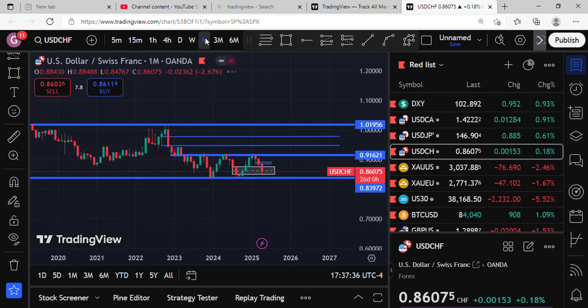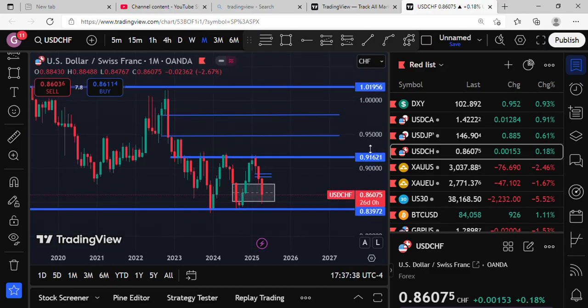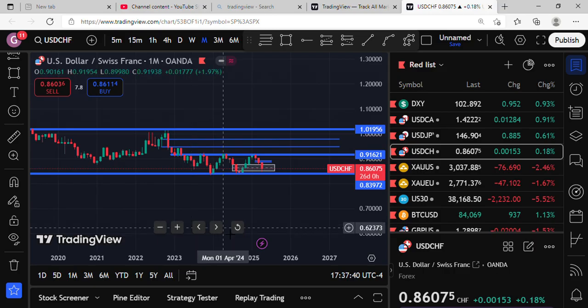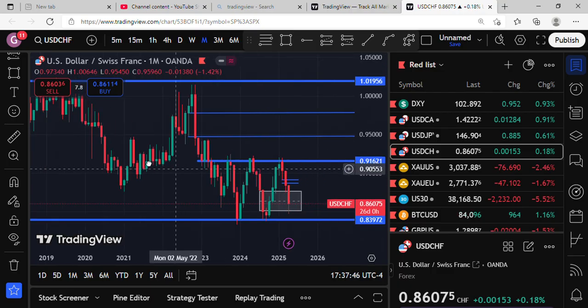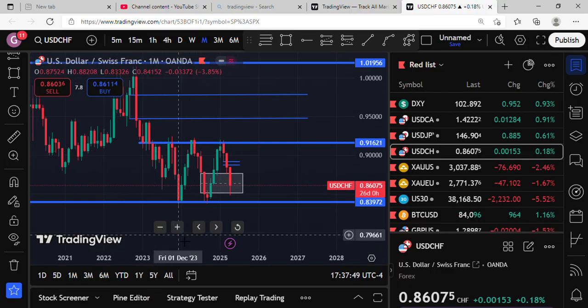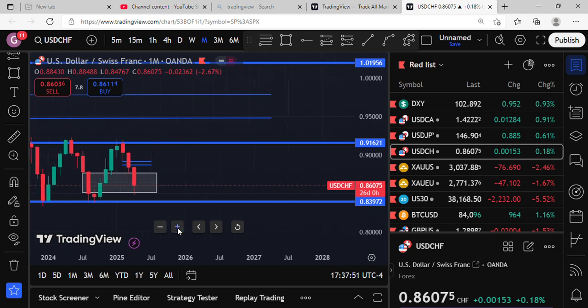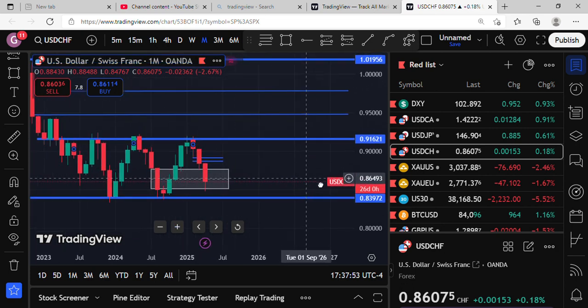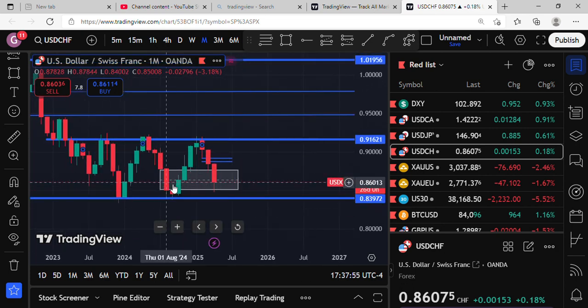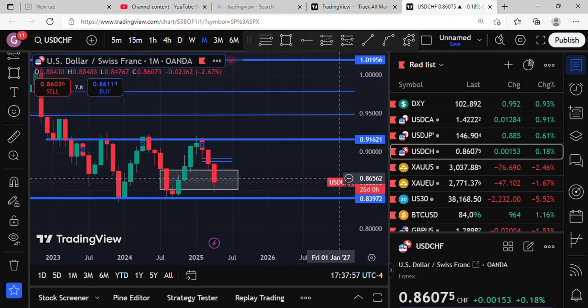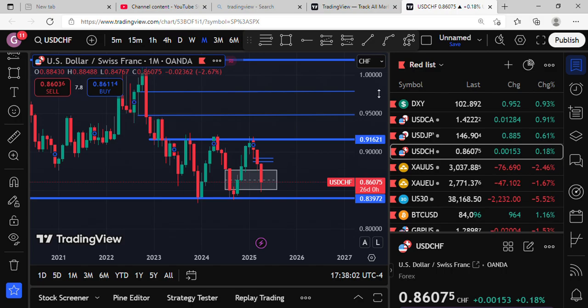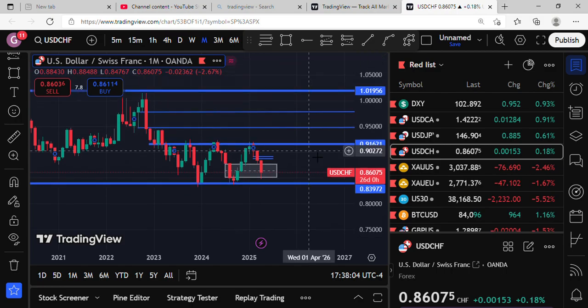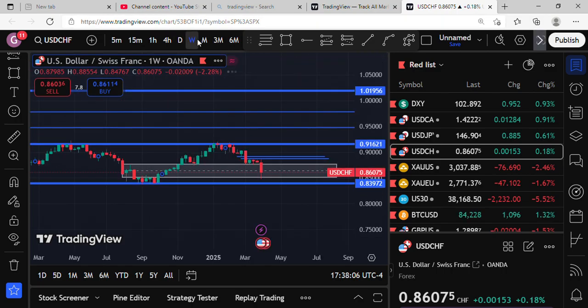Now let's move back into the monthly chart. Into the monthly. So now on the monthly we had this, and then what I did was I moved into the weekly to refine that gap.